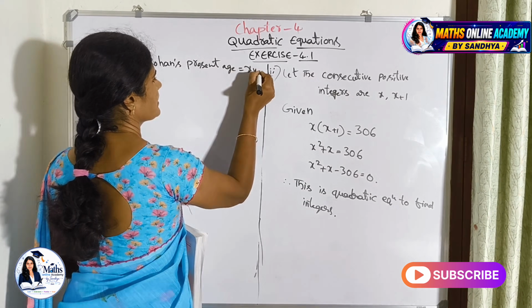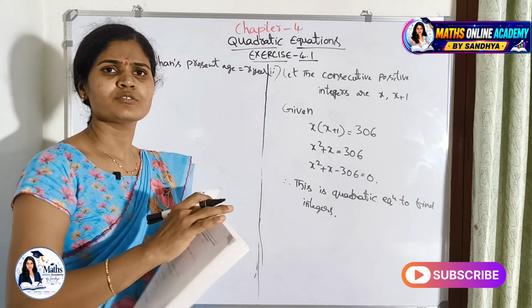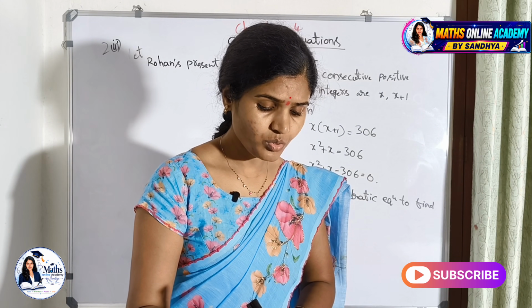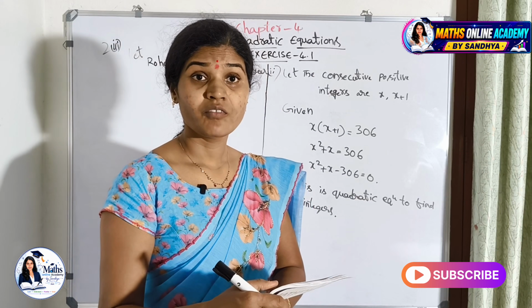Rohan's present age is x years, and Rohan's mother is 20 years older than him. So what do you get?